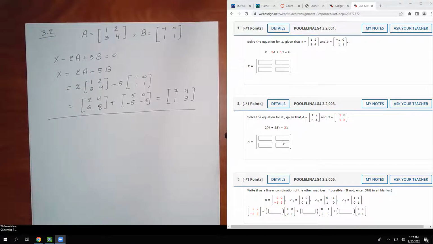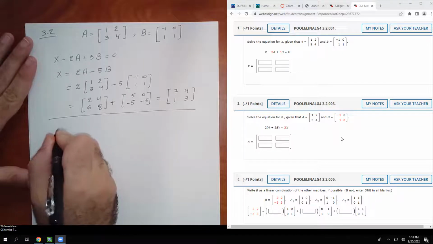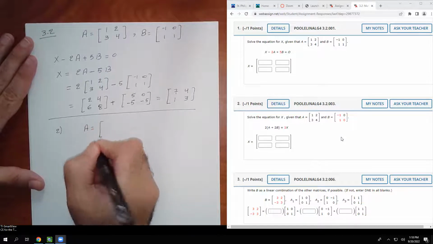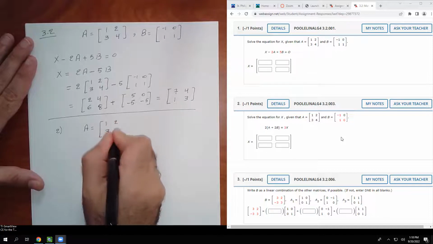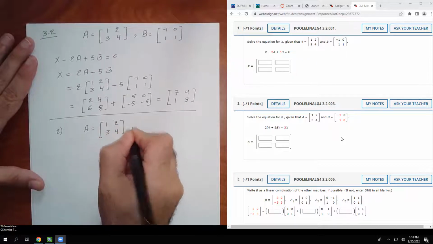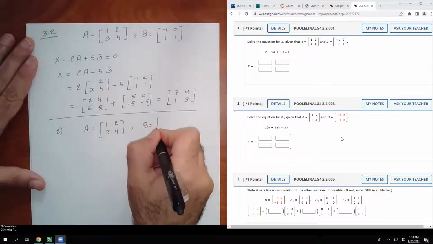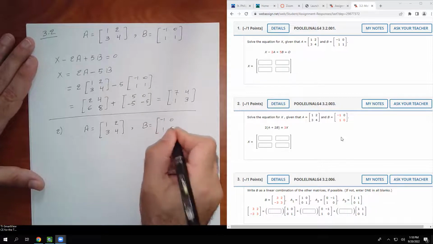The same thing we're going to do with example 2. Solve for x. So example 2, they give you the matrix A equal 1, 2, 3, 4, and B equal -1, 0, 1, 0.